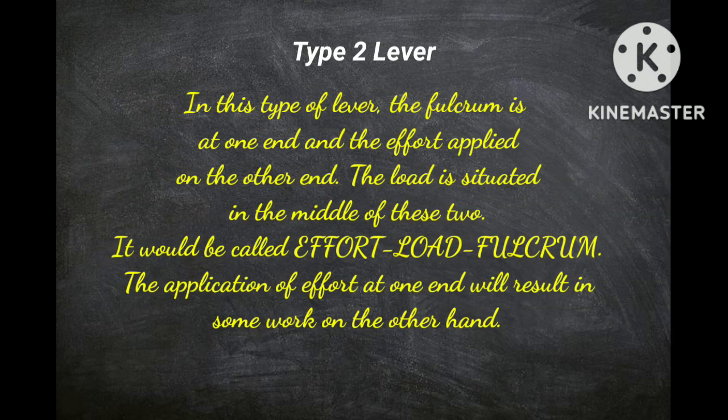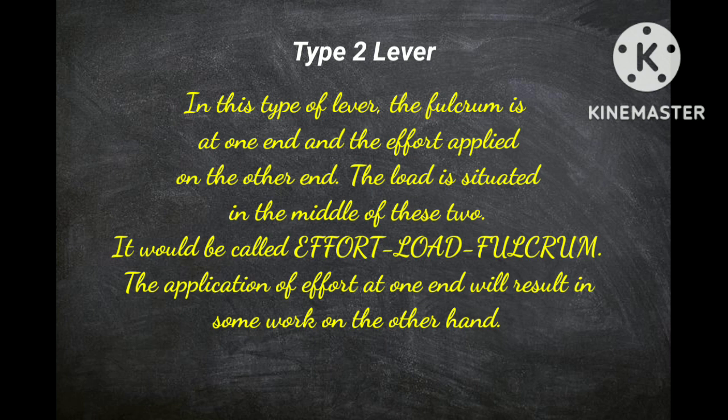In this type of lever, the fulcrum is at one end and the effort is applied on the other end. The load is situated in the middle of these two. It would be called effort, load, fulcrum.